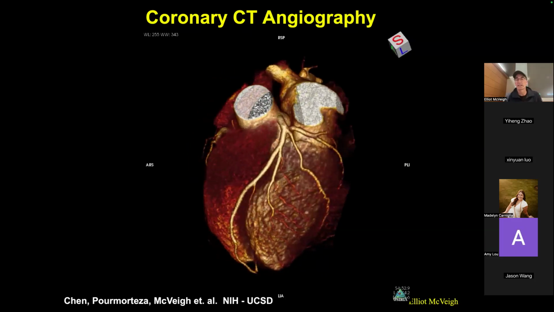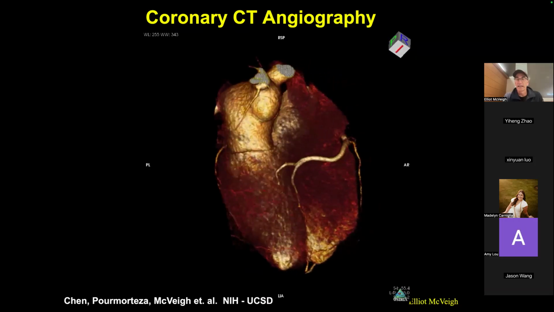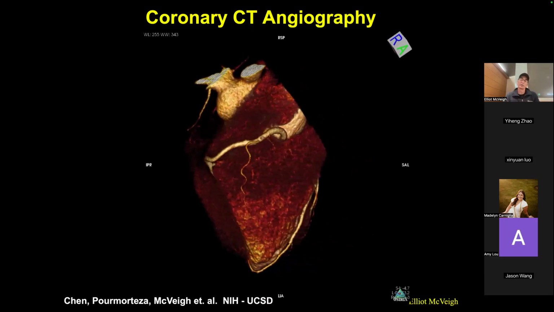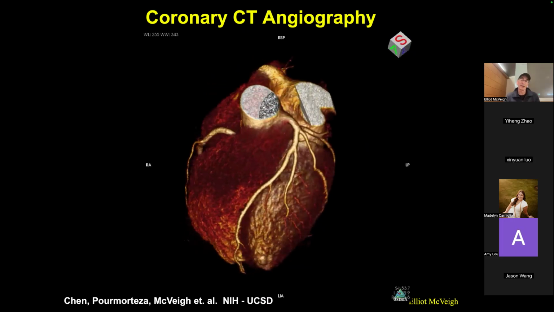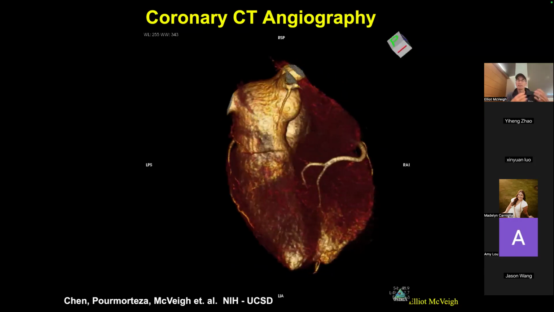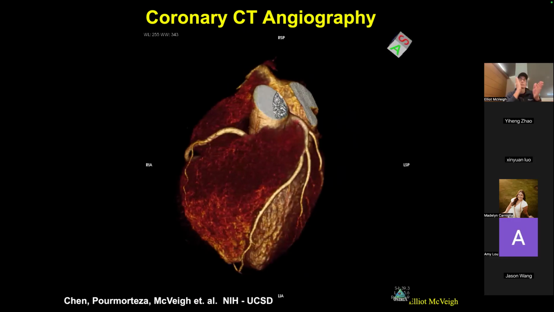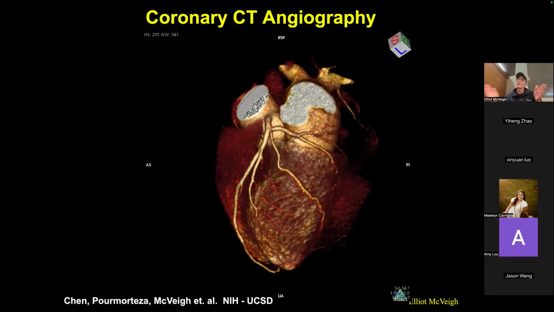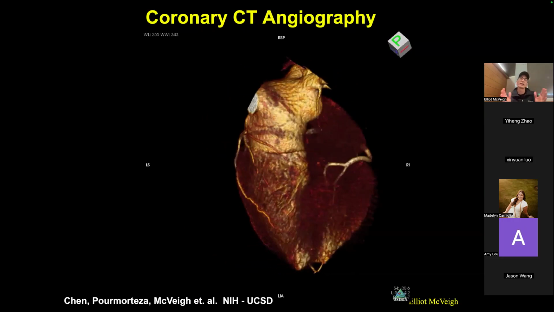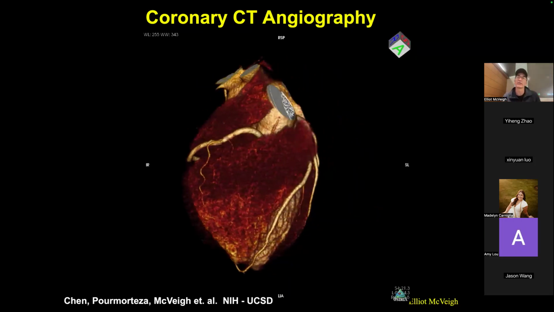This thing takes about 170 milliseconds to get all those angles. And if you are a good planner, you put ECG leads on the patient and watch how you're doing with respect to the phase of the heart cycle. You can pick certain phases of the heart cycle where the heart itself has the minimum amount of motion.